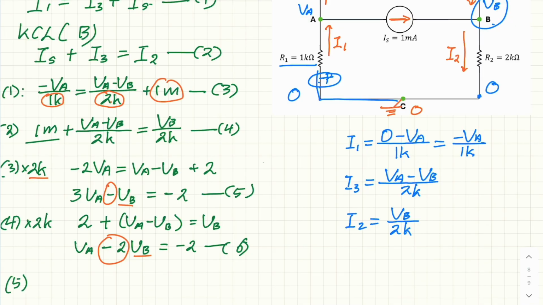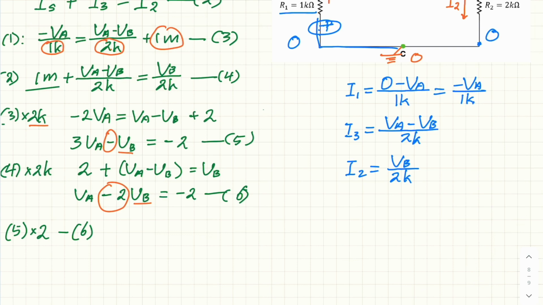Equation 5, but we have to multiply 2 first, and then minus equation 6. So the coefficient of VB will become 0. So how about VA? 3 times 2 minus 6 is 1.